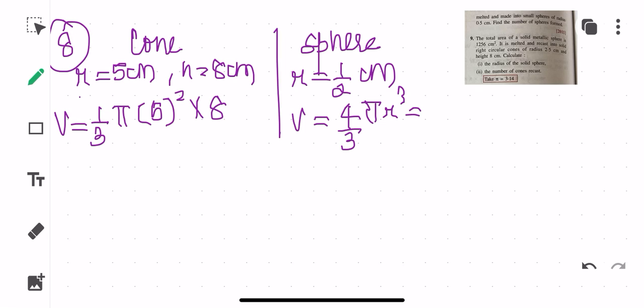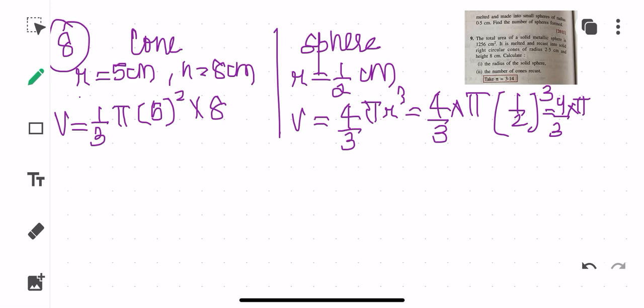So this will be equal to 4 upon 3 into pi into r cube, which is half cube. If you want, you can simplify it here only, children. This is going to be equal to 4 upon 3 into pi into half into half into half. So the 2's are going to get cancelled by 4, and you are left with pi upon 6.